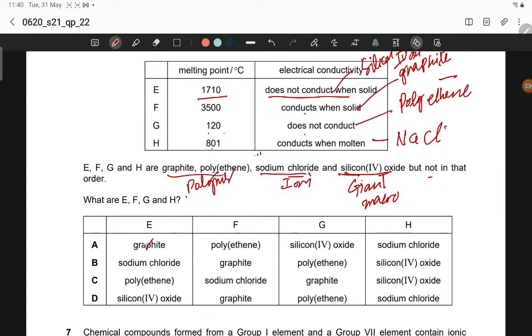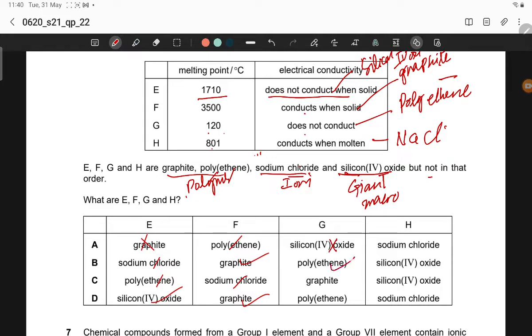So for the first option, graphite is incorrect and sodium chloride is incorrect. Polythene is incorrect. Silicon dioxide is correct. F is not polythene. Graphite is correct. Sodium chloride is incorrect. G is polythene.